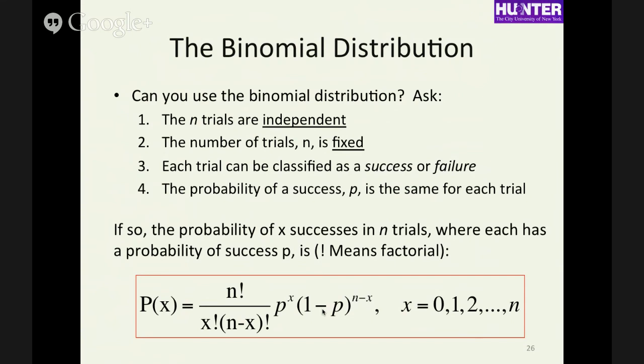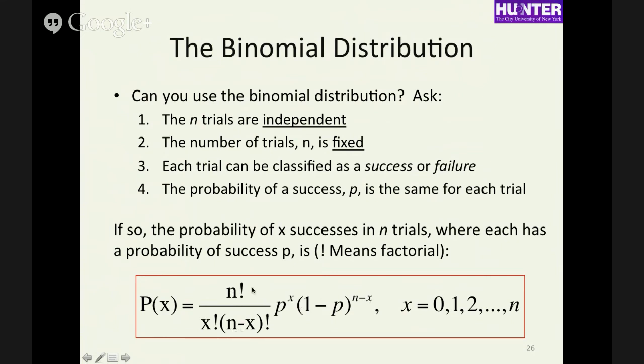So in that case, with n equal to 20 and probability of 0.5, you would plug in 20, p is 0.5, and if you wanted to know the probability of 10 successes, you would put x equal to 10.